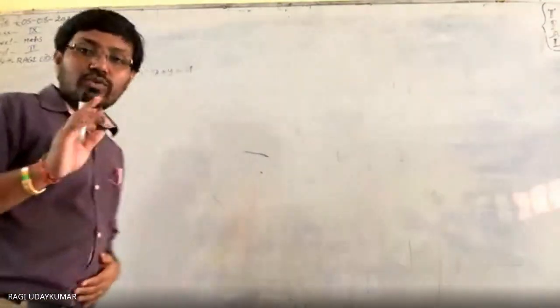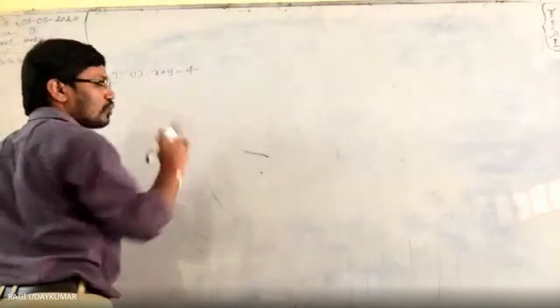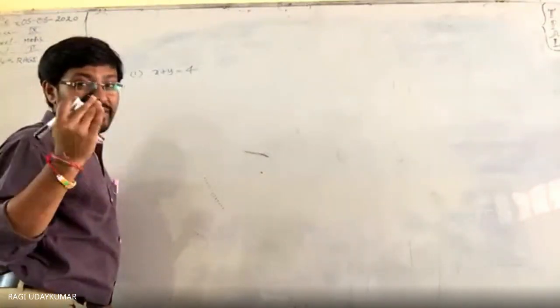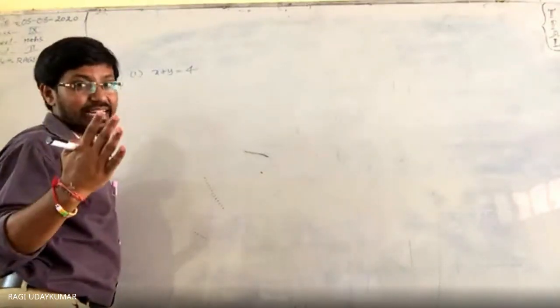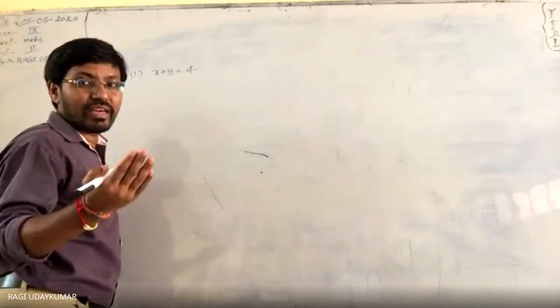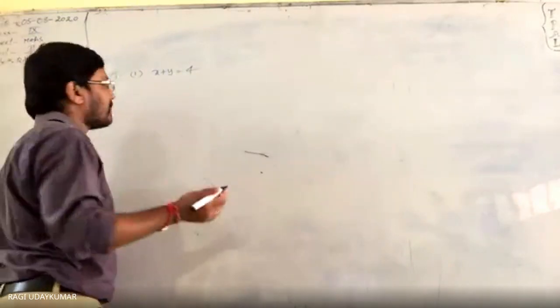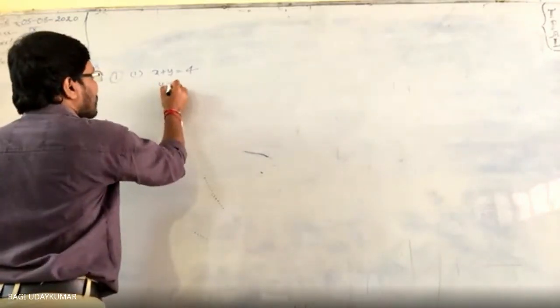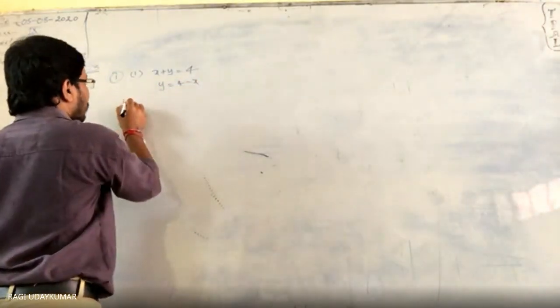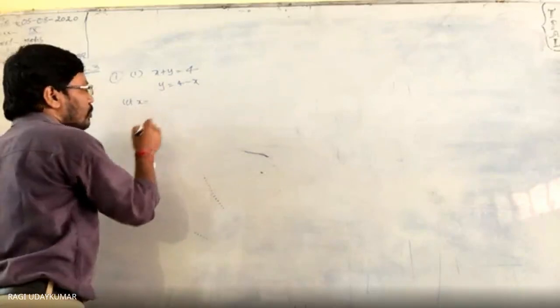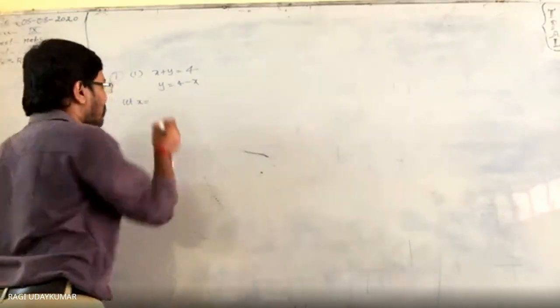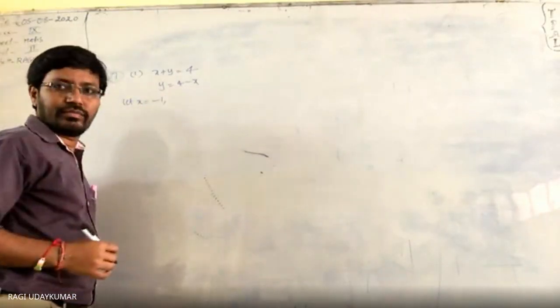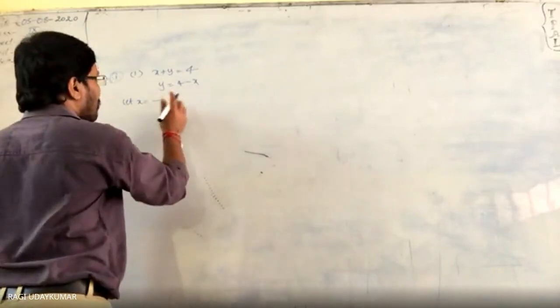So let us take the solutions of this. Previously we found 4 solutions for every linear equation. In the same way, take 3 solutions for y is equal to 4 minus x. Let x be a negative number, taking minus 1.